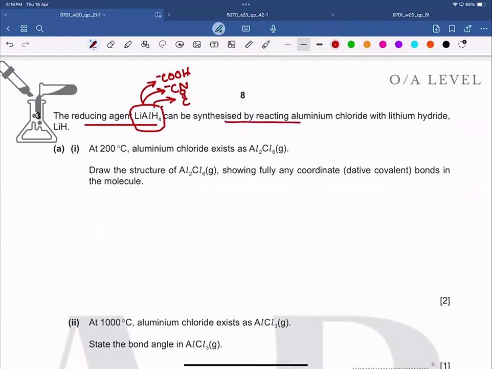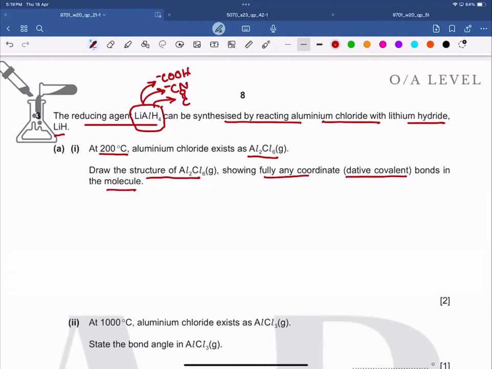It can be synthesized by reacting aluminium chloride with lithium hydride, LiH. At 200 degrees Celsius, aluminium chloride exists as Al2Cl6. Okay. Draw the structure of Al2Cl6 showing fully any coordinate dative bonds in the molecule.